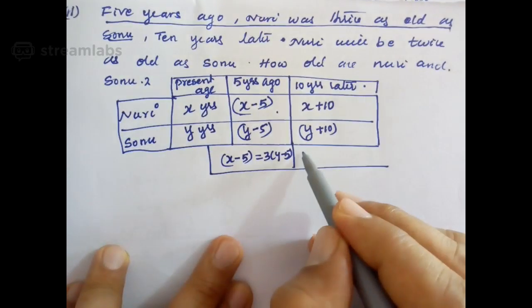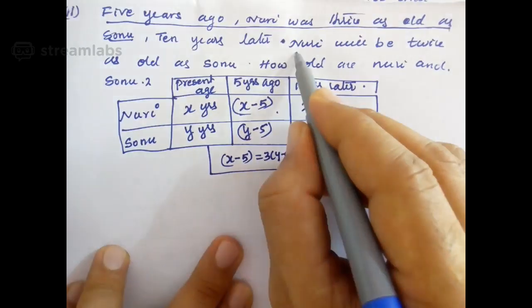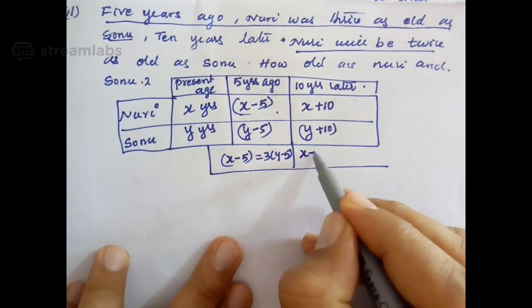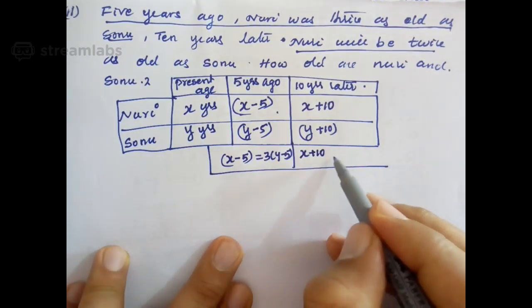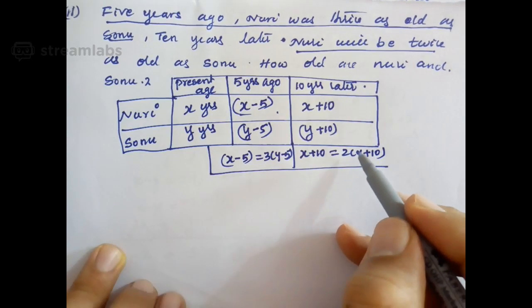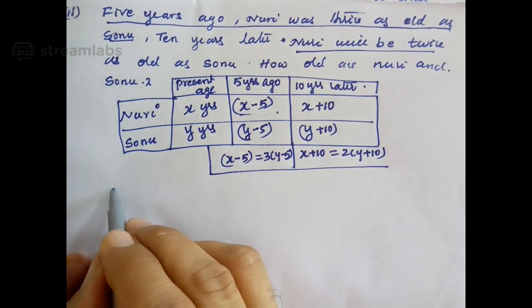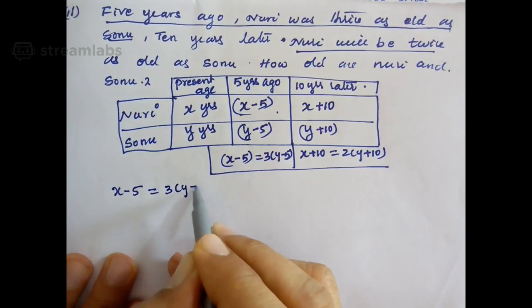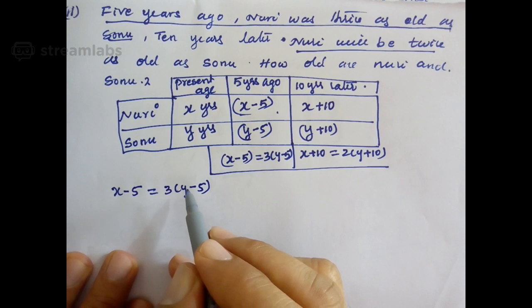And 10 years later, Noori will be twice as old as Sonu. That is x plus 10 is equal to 2 into y plus 10. Now see the first condition, x minus 5 is equal to 3 into y minus 5, isn't it?